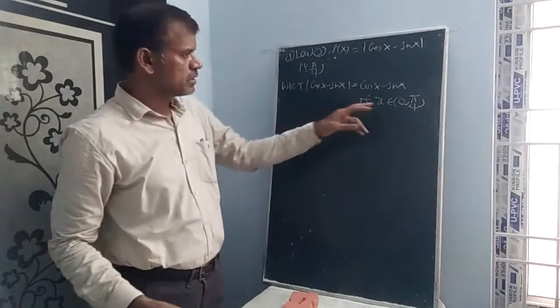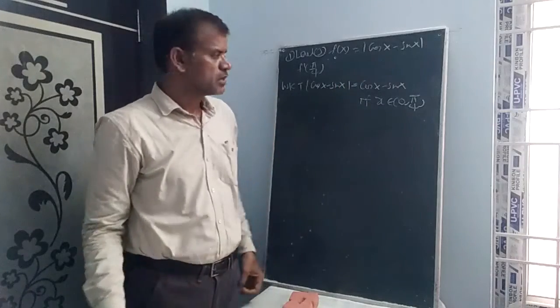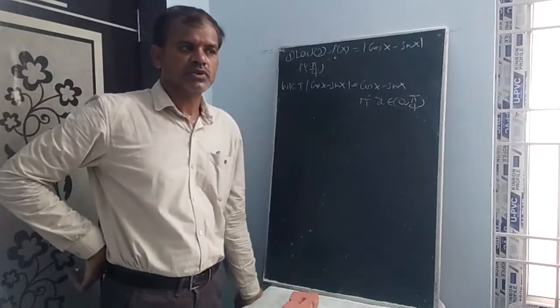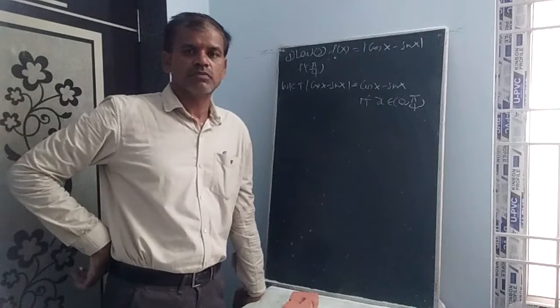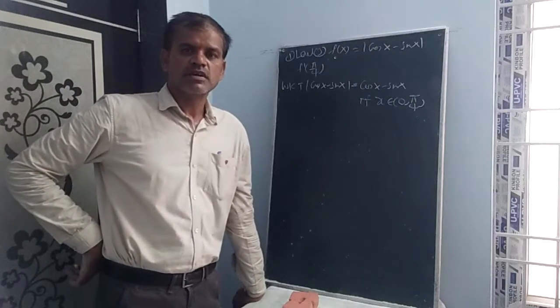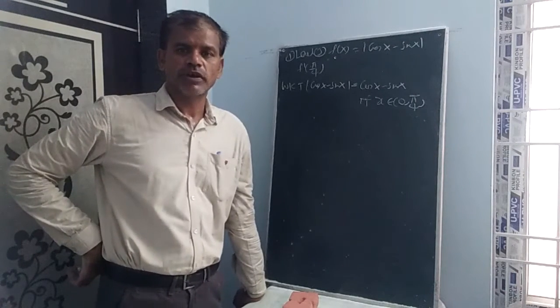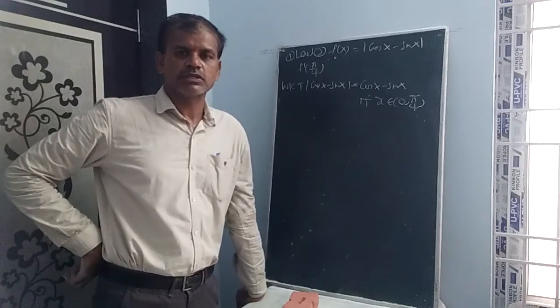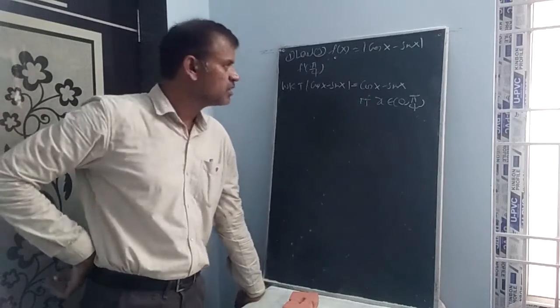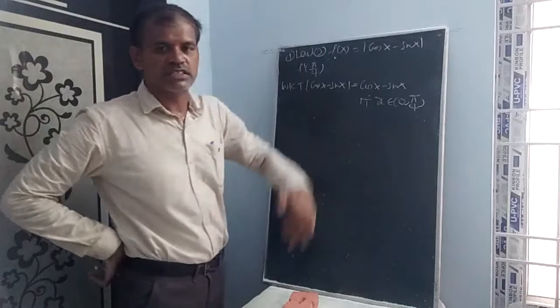Let us verify. In the middle you think 30 degrees. Cos 30 degrees minus sin 30 degrees: cos 30 value root 3 by 2, it is 0.866, minus sin 30 value 1 by 2, it is 0.5. 0.866 minus 0.5 is 0.366, it is positive. So modulus is written as it is.